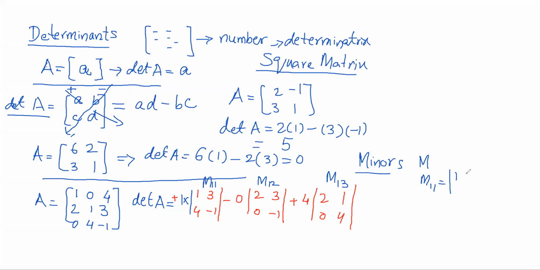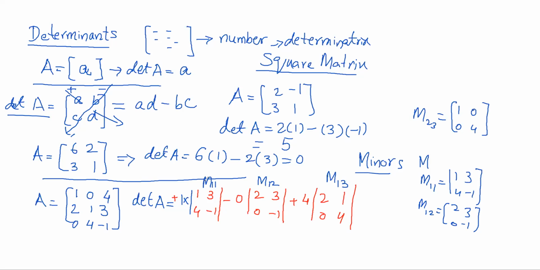M11 is then 1 3 4 minus 1, and M12 is 2 3 0 minus 1. So can you tell me what will be M23? 1 0 0 4, like this, I guess.